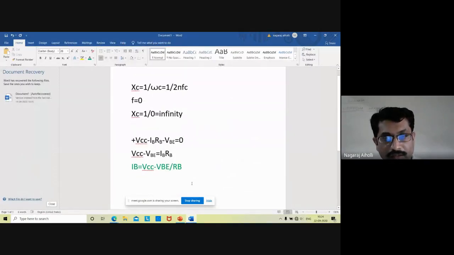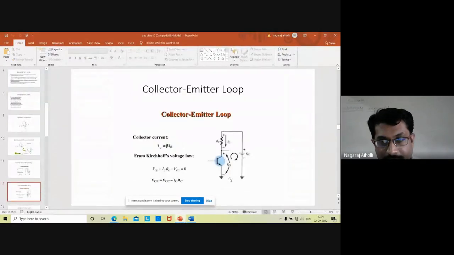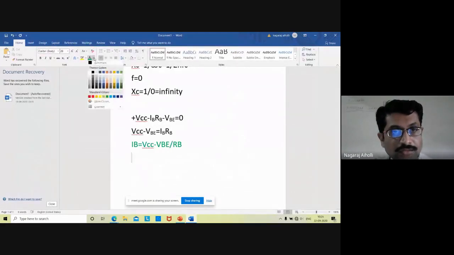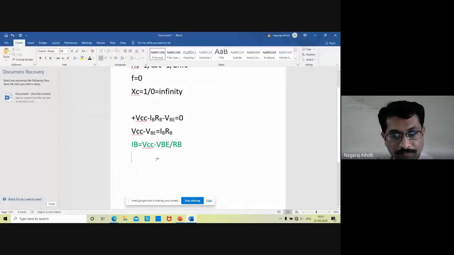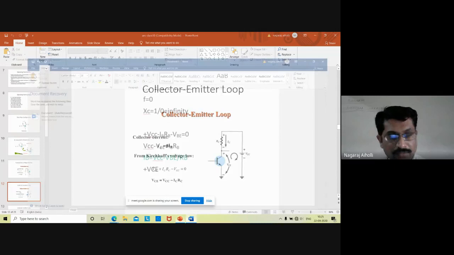First one is what voltage? Starting from ground, negative to positive, increase in energy, it is plus VCE. Then next, negative to positive, increase in energy, it is plus ICRC.